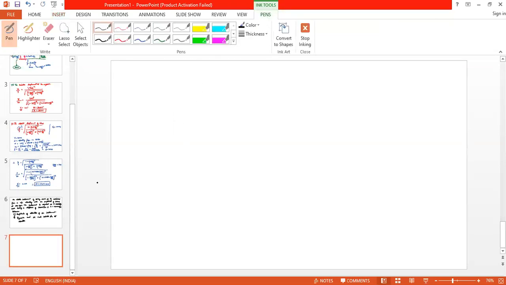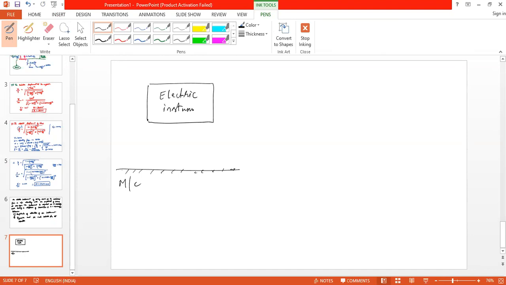Okay. Now, here there is an electric instrument which is mounted on a machine. We can say this is the machine and this is an electric instrument. It is mounted with the help of five springs.